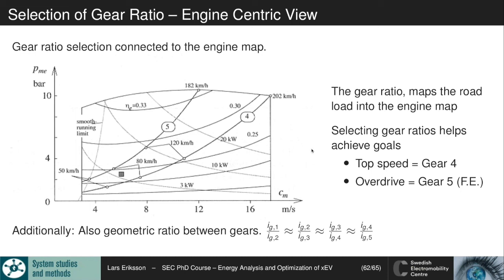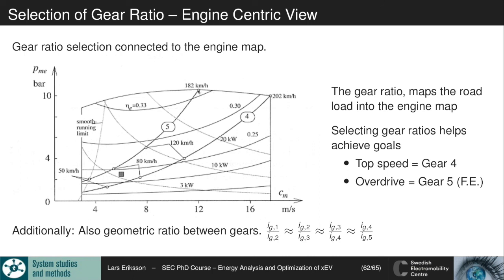So selecting the gear ratios helped us to achieve the goals. If you're looking at this here, you see that the fourth gear is dimensioned so that on a flat road we should hit the maximum power point. We are achieving 202 kilometers an hour with the fourth gear, so we're hitting this point here with this gear ratio selection.